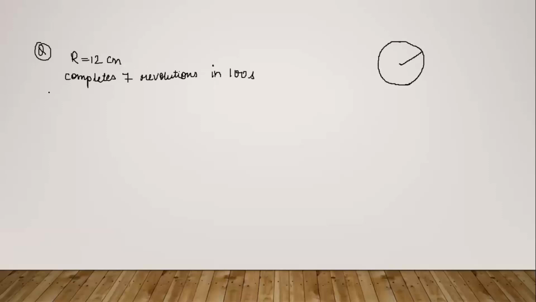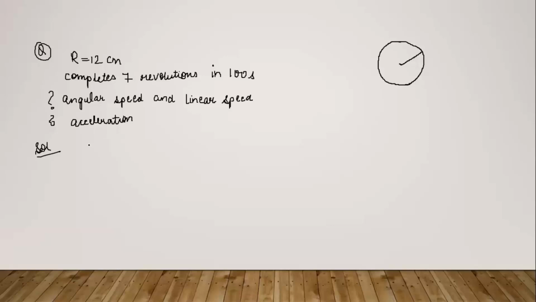The question is asking: what is the angular speed, that is omega, and the linear speed, that is velocity, of the insect, and also find out the acceleration. We have been given that it completes 7 revolutions in 100 seconds. The time period is defined as the time that the particle takes to complete one revolution.